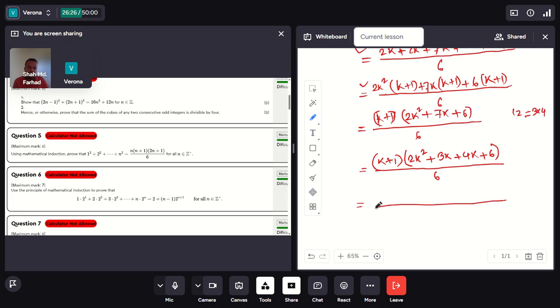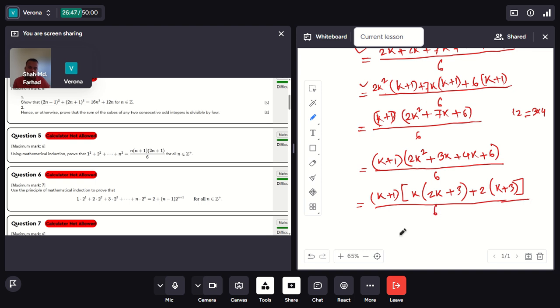Then again here k plus 1, and then we can take common k. So we will get 2k plus 3 and then plus 2, then we will get k plus 3.